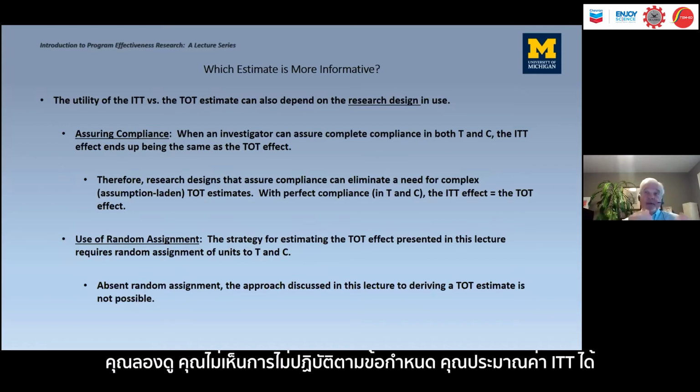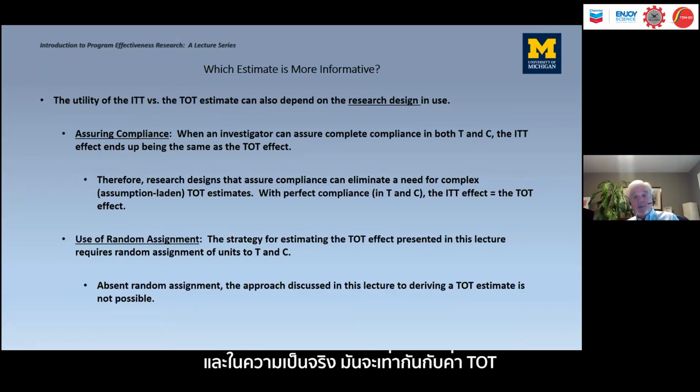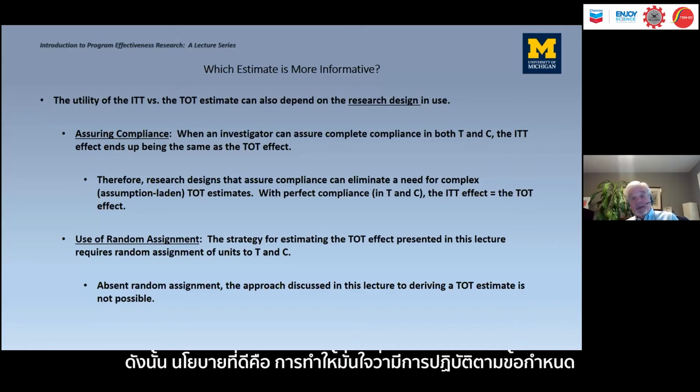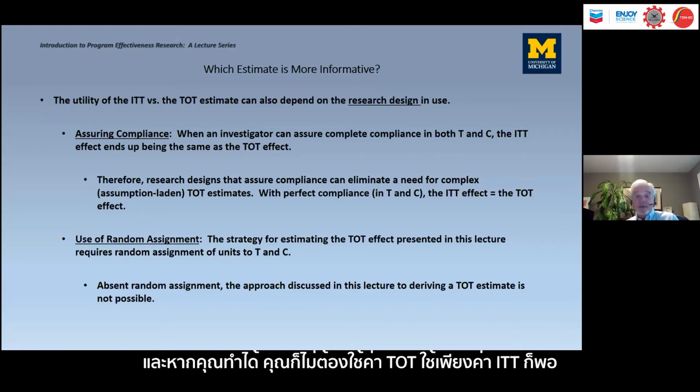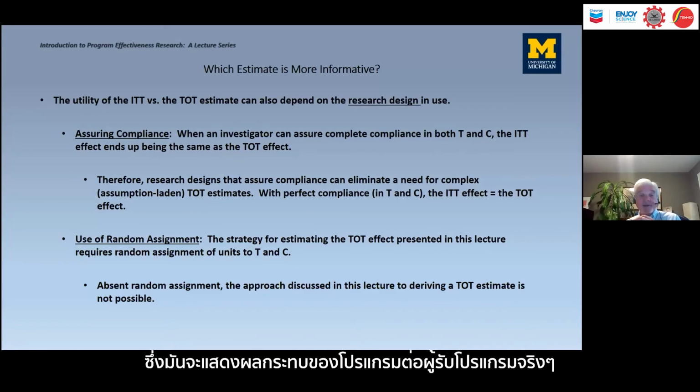You can estimate the ITT, and it will be equal to the TOT. So a good policy is to assure compliance, and if you do, then you don't need the TOT. The ITT is fine and is actually expressing the effect of treatment on treated.